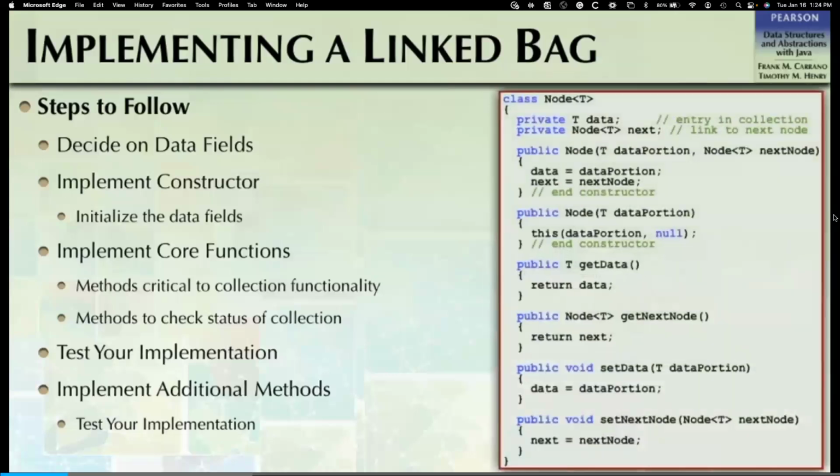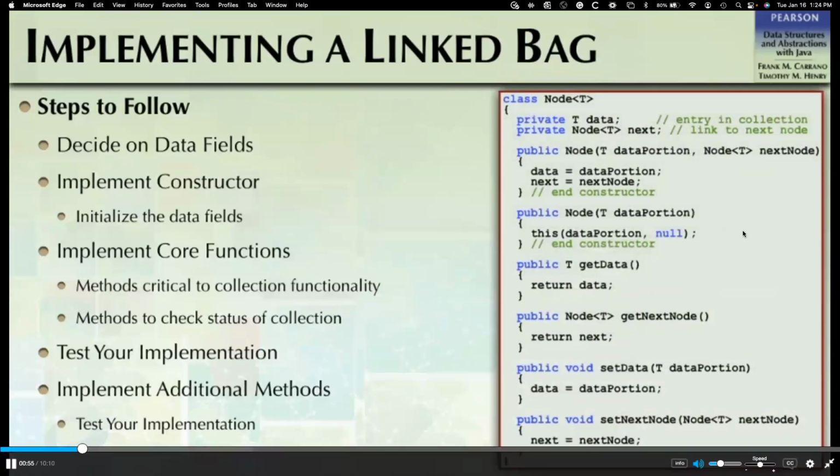This linked bag will use a node of generic type to store the items in our bag. Here is the implementation we developed in our previous lecture. Sometimes they'll do inner classes, sometimes they won't. Right now, they just have a separate class that's capturing this node. Remember, in the last video, the chest holds the contents, whatever it is, an animal.